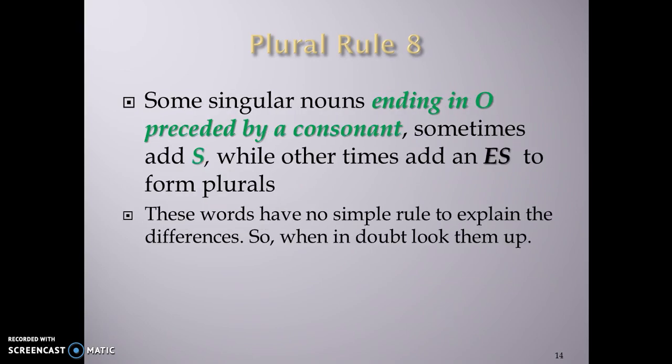Now sometimes this may not be the case for some words ending in O. Sometimes you add an S and sometimes you add an ES. These words have no simple rule to explain the differences. So when you're in doubt, look the word up.